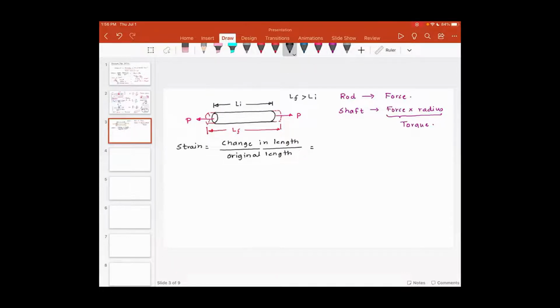So change in the length is L final minus L initial. It's always L final minus L initial divided by the initial length. So this is given as delta L divided by L. It's a dimensionless quantity.